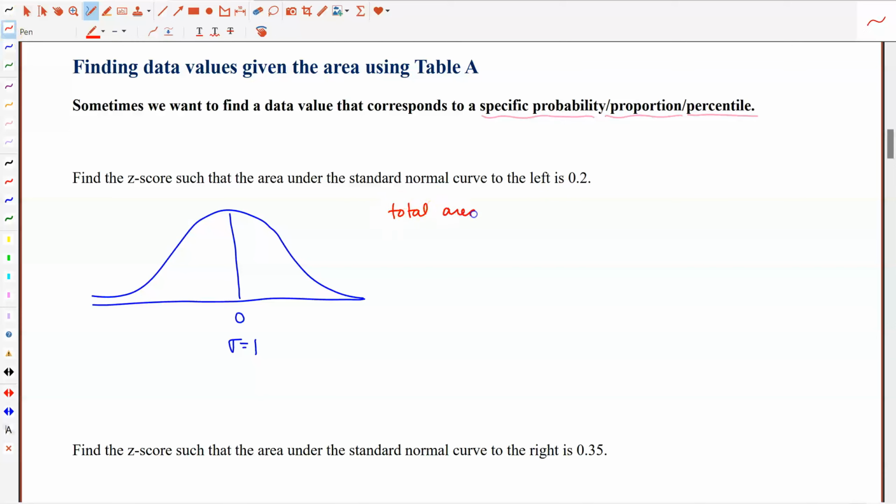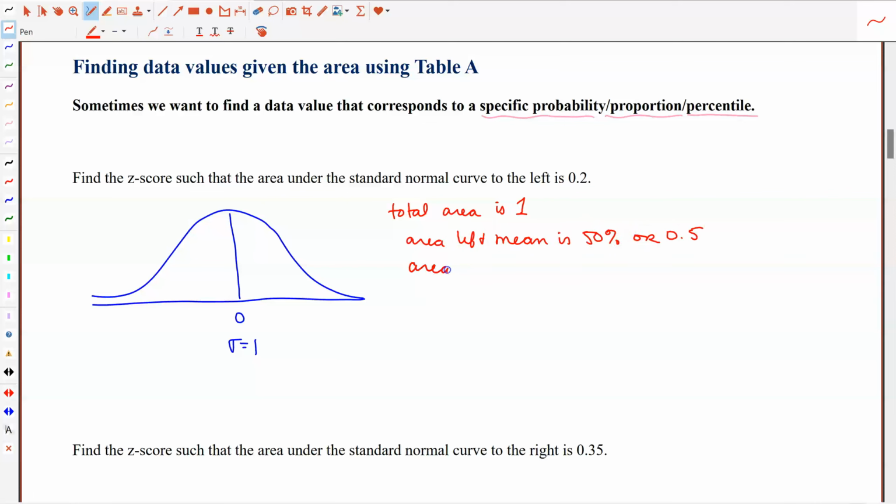If the total area under the curve is 1, then with the mean halfway through my curve, the area to the left of the mean is 50%, or 0.5 as a decimal.